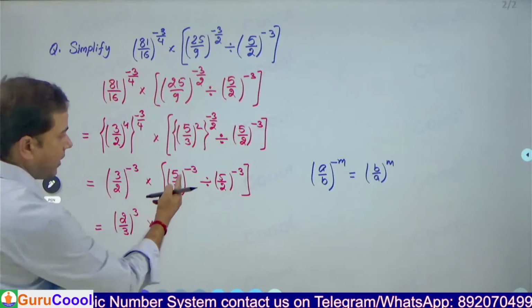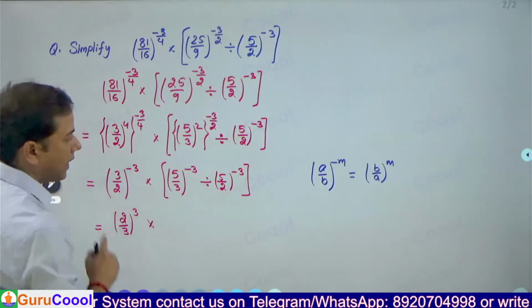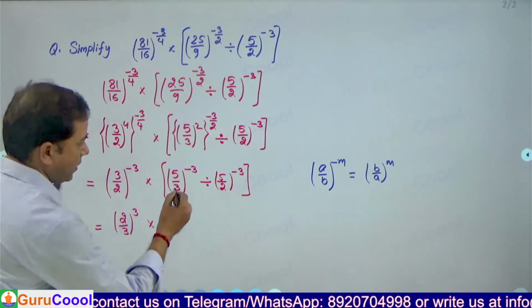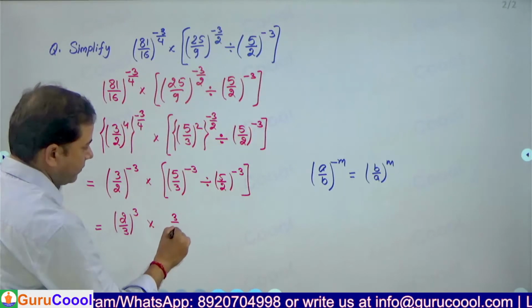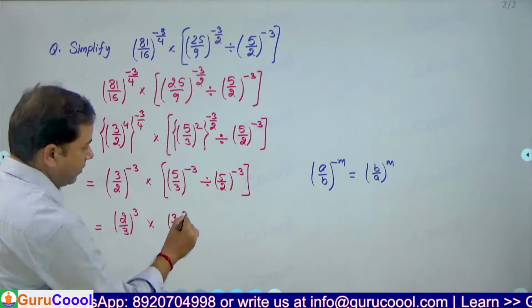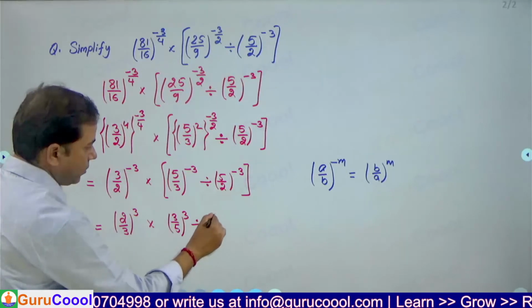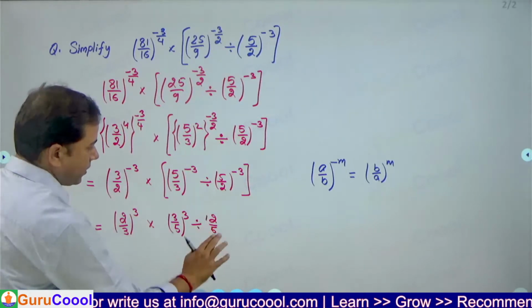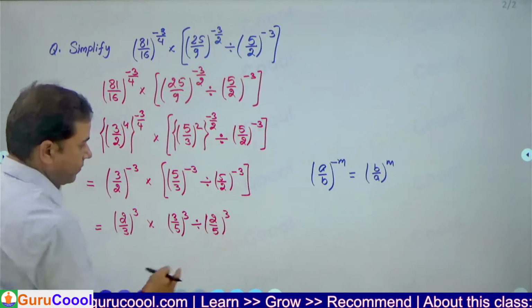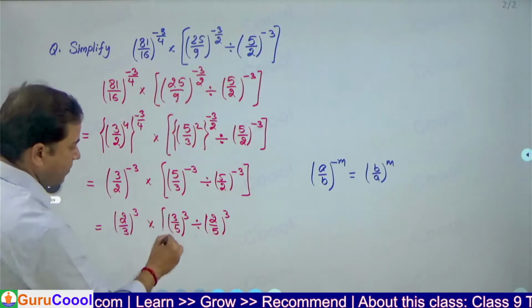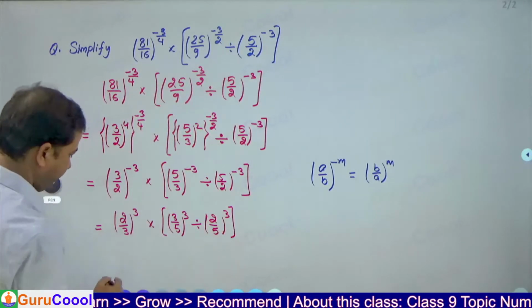After the multiply sign, these also have negative exponents: 3 by 5 with power 3 divided by 2 by 5 raised to the power 3. I have reciprocated both of them and got the powers positive.